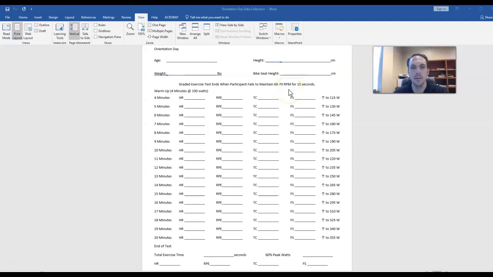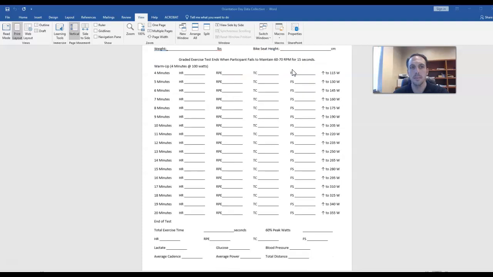You need to be able to record and monitor any setup specific things that you use, whether you use a different size of a cuff or something different like that. You need to make sure that that's as similar as possible. So in this case, we actually measure the height of the bike seat stem in centimeters, so that way it can be the same over and over.